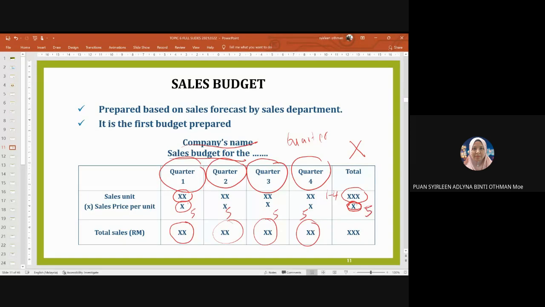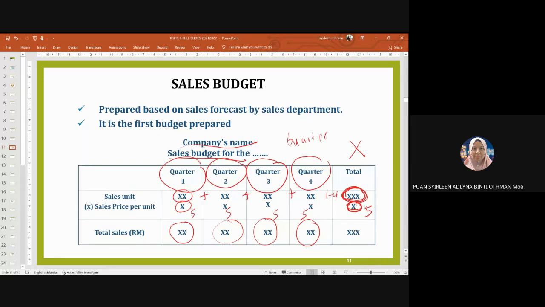Dia takkan jadi RM20. Sebab sales price tu is the same price for the whole accounting period. Okay, so that means yang ini akan jadi total units yang you nak jual, which is quarter 1 plus quarter 2 plus quarter 3 plus quarter 4. Okay, and then you multiply with the same sales price.